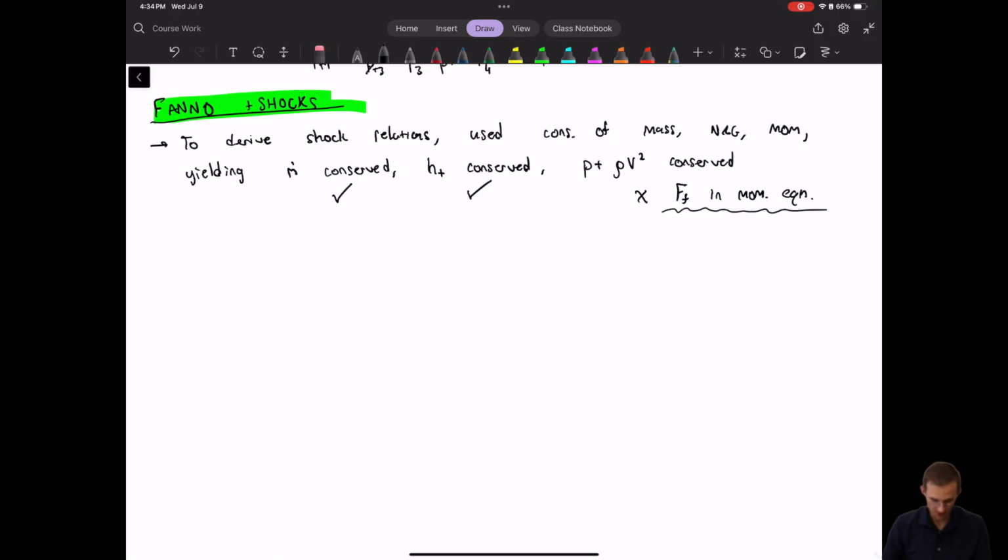The shock essentially has to jump between two points with the same P plus rho V squared on the Fanno line, and it has to jump to the same Fanno line because the mass flow rate is being conserved.